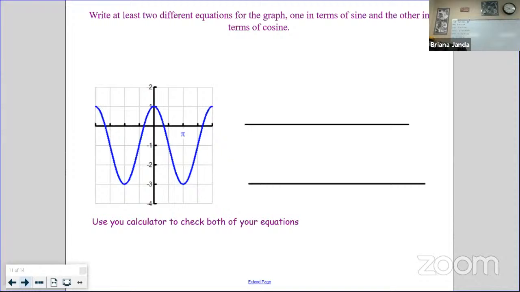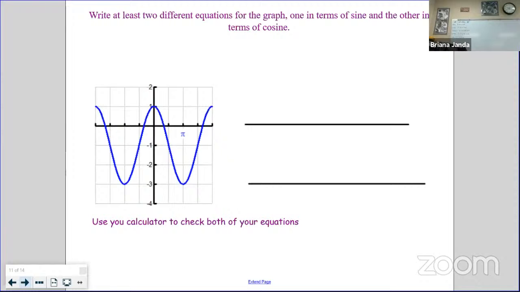I need to find which of the dots on my midline I want to use for my equation, and then wherever that's located, that would be a starting point, and that would put it to the right. Okay, so that would be your phase shift.